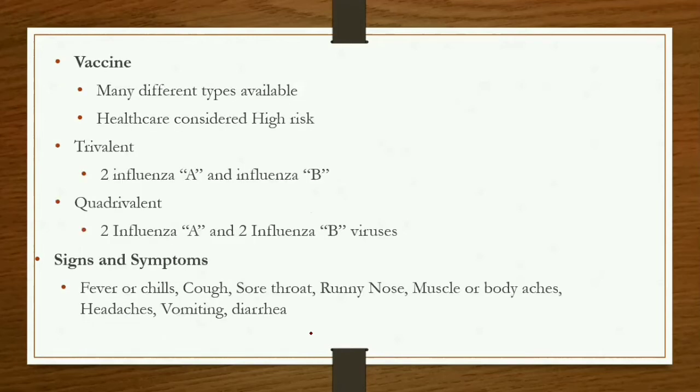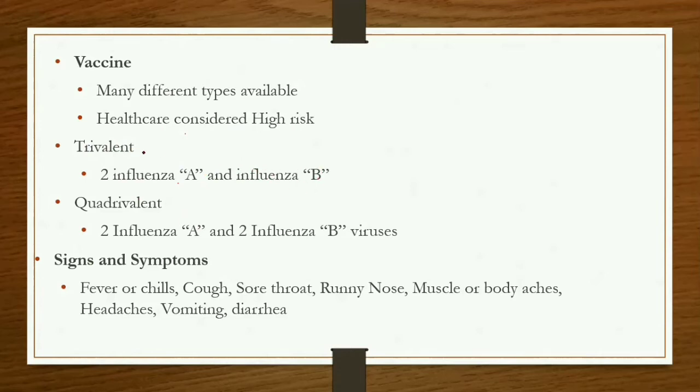Then vaccines available in the market. There are many different types of vaccines available, for those considered high risk, including healthcare workers. There are two types: trivalent and quadrivalent vaccines. The trivalent vaccine protects against influenza A, the H1N1 virus, and contains two different influenza A viruses and one influenza B virus.